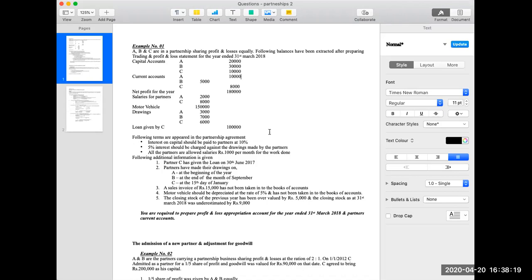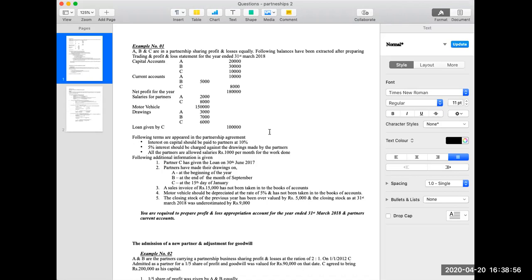At the time of dissolving the partnership, these loans are paid prior to the current account balances. Therefore, this is recorded in the loan account separately. So 5,000 will be credited to loan account, debited to the P&L account, not to P&L appropriation account, to the P&L account. Now, that's all, the entries are done.